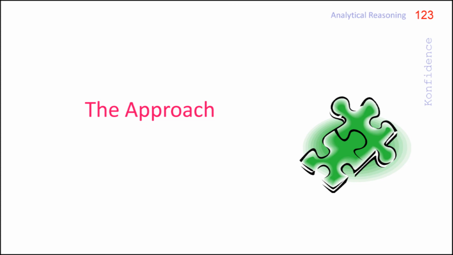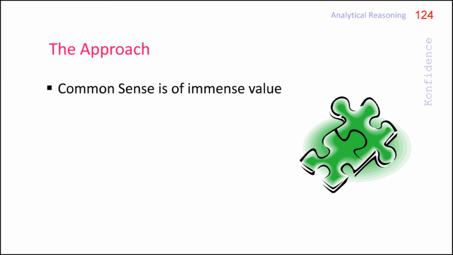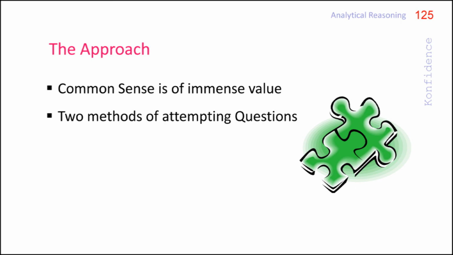The learning from this chapter in terms of attempting and solving analytical reasoning questions can be summarized as follows. 1. Application of common sense is very important because these are things that you would have learned through observations in life, or street smartness in you should come to the fore here. 2. There are two methods for attempting any analytical reasoning questions.